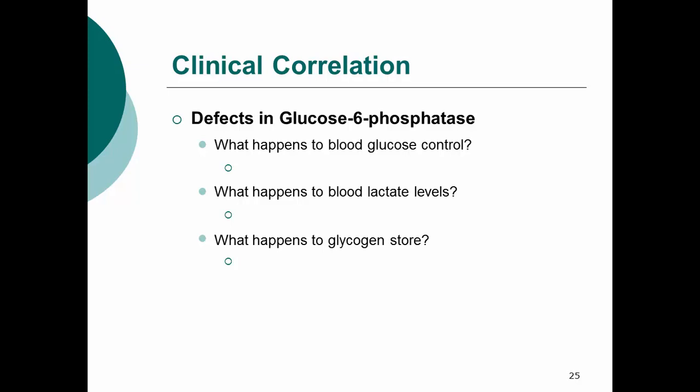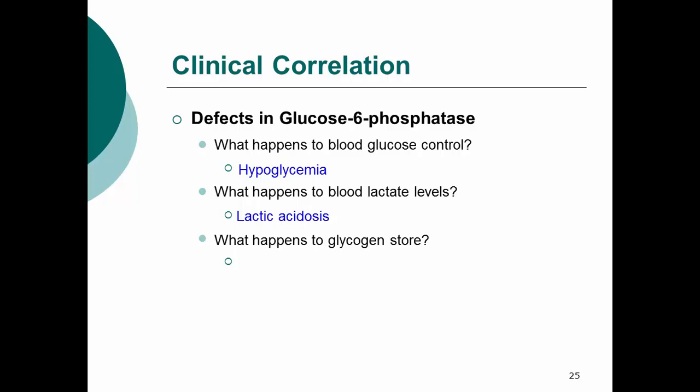So similarly, the patient will experience hypoglycemia during fasting. And what happens to blood lactate levels? Also similar, right? High. So this patient also has high lactate levels during fasting.